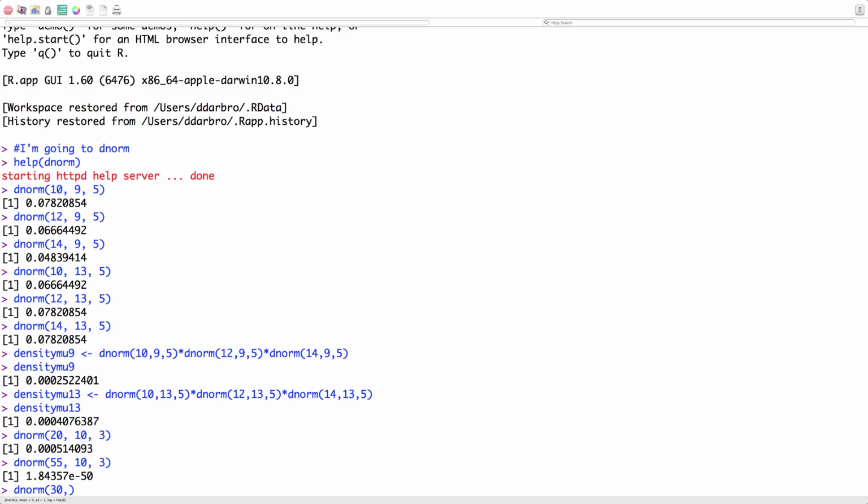Okay guys, forget that. I did that wrong. Let's do this over. So the density for 20 is d-norm. Our observation is 20 from a mean of 10, standard deviation of 3.